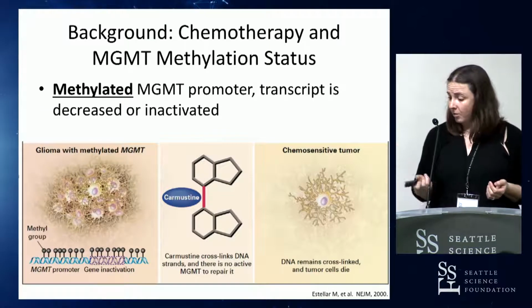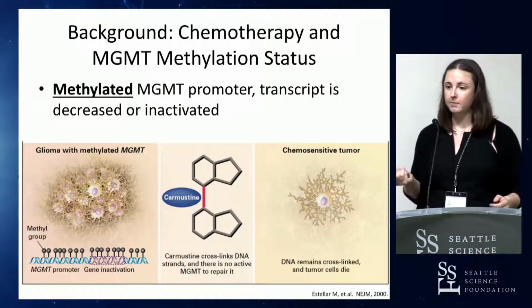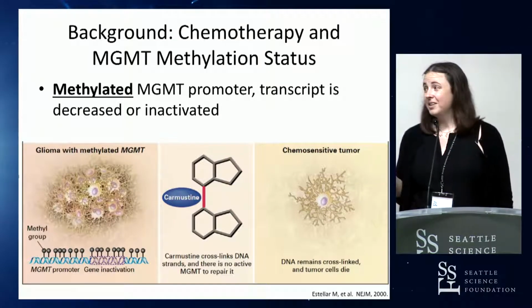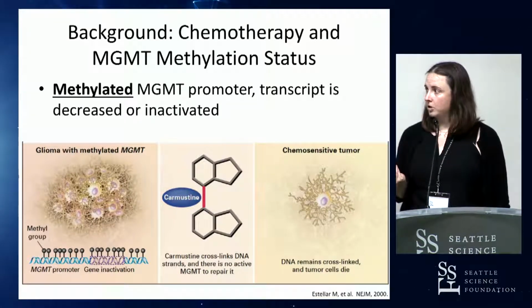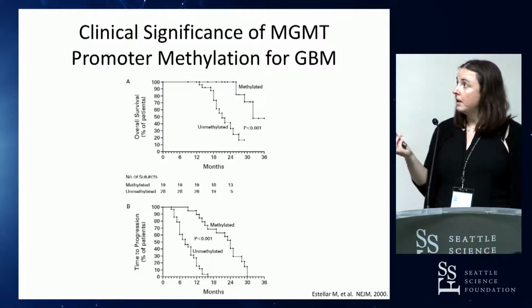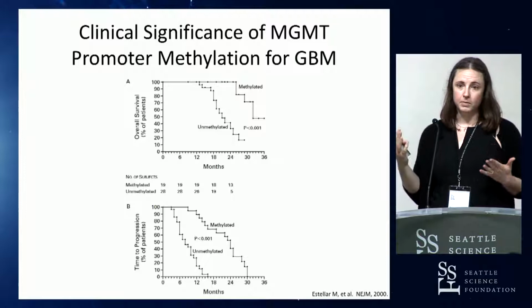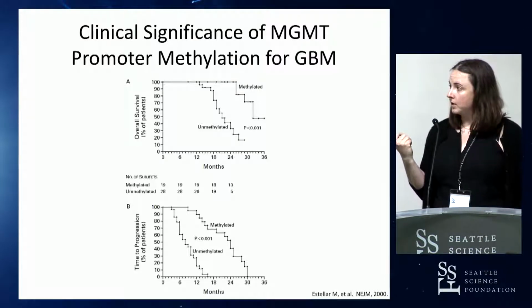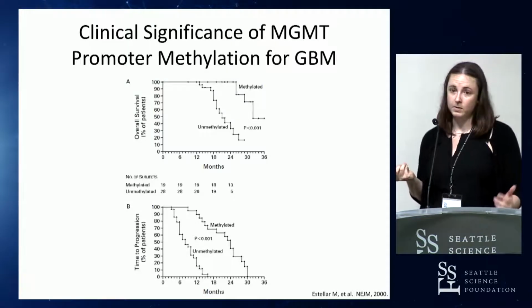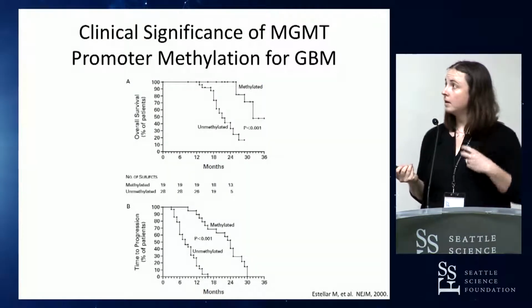But patients who have wild-type MGMT are just getting radiation only, and I think it's really a matter of time before that starts to change in the US. And so the reason that this is significant is that there, again, is a really striking difference between patients that have methylated and unmethylated tumors in terms of disease progression and survival.